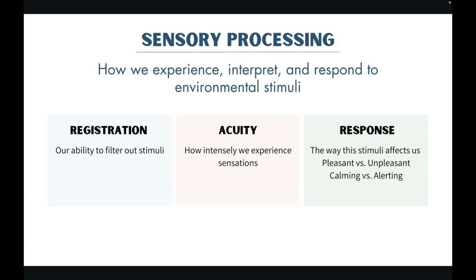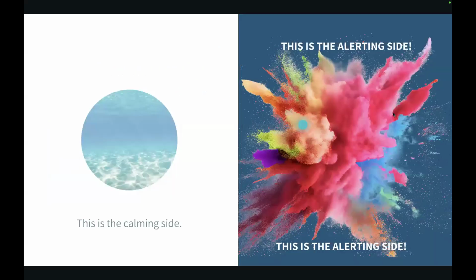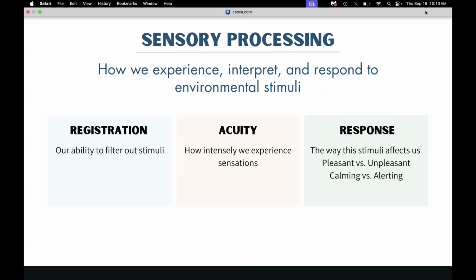Acuity, how intensely we experience that sensation. So I can really, really hear that noise. And then response. How is that affecting our body? Are we having a pleasant experience with it, or is it unpleasant? And then within that, is it going to be more calming or alerting? I'm going to touch on the calming and alerting variable because I think it's a really important one.